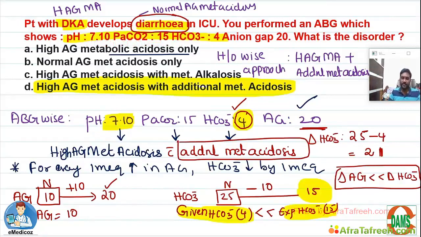It means that the anion gap has increased, but bicarbonate has fallen down significantly. So it has fallen down excessively. The rise in anion gap, compared to the fall in bicarbonate, is smaller, so bicarbonate has fallen down excessively.